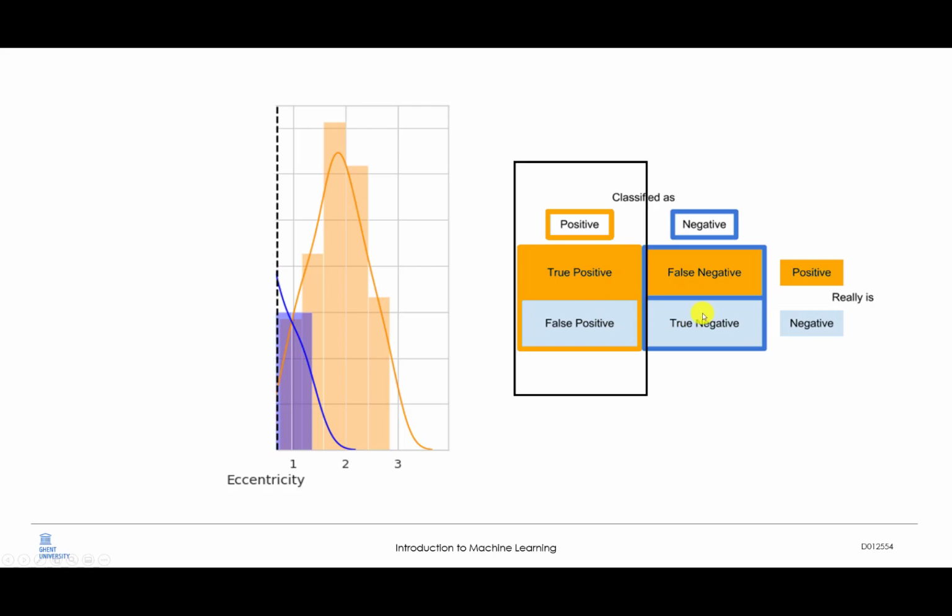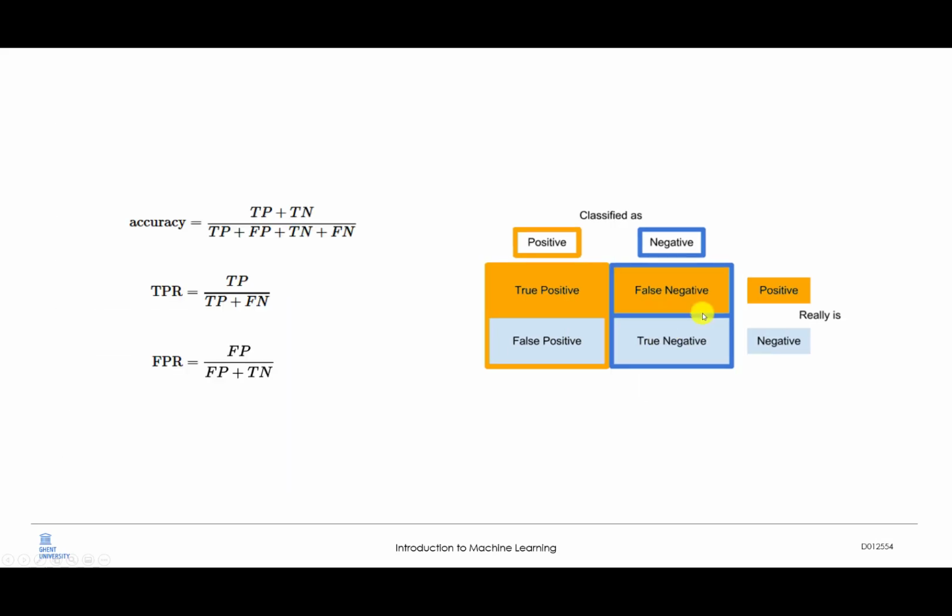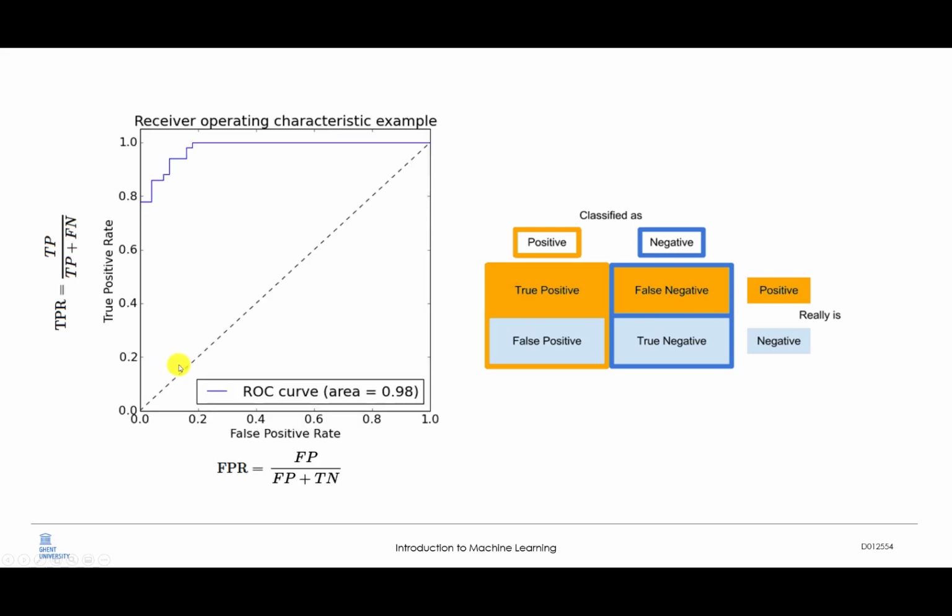Okay, and so if we have different values here, we will have different values for the true positive rate and the false positive rate. And so if we range our value of t, we give it several values, we can compute for each of those the true positive rate and the false positive rate, and then we can plot these against each other, which is what's happening here. So here we have the false positive rate, the true positive rate, and here we have the result of different values for our classification threshold t.